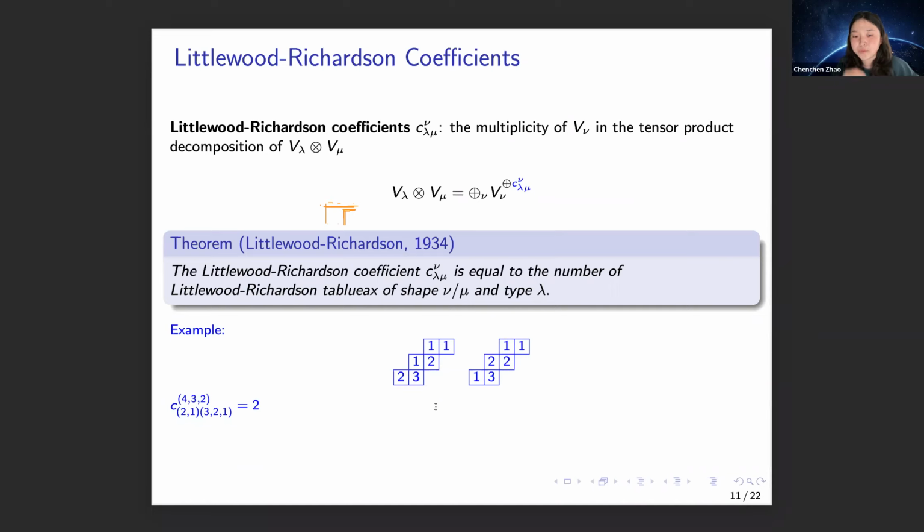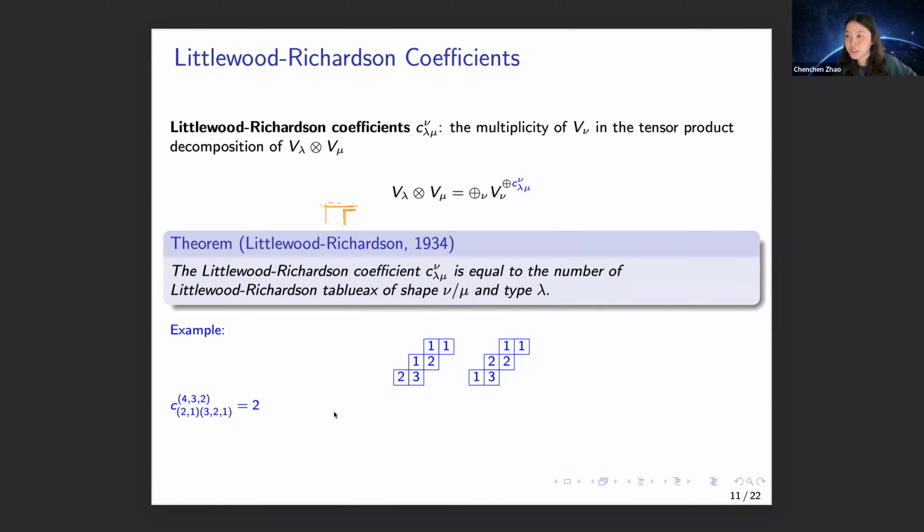A lattice word is a word where, for any initial sequence, you will not see more i plus ones than i's. In this case, we have nu equal to 4, 3, 2, mu is 2, 1, and lambda is 3, 2, 1. There are only 2 possible Littlewood-Richardson tableaux that we can come up with, so the Littlewood-Richardson coefficient is equal to 2.